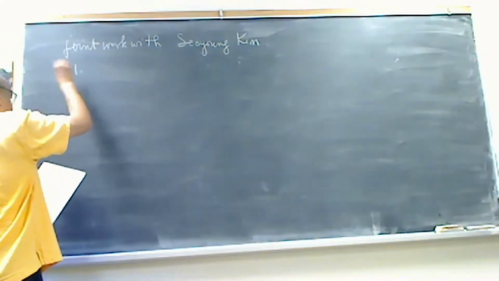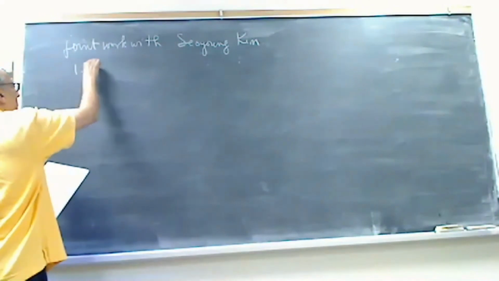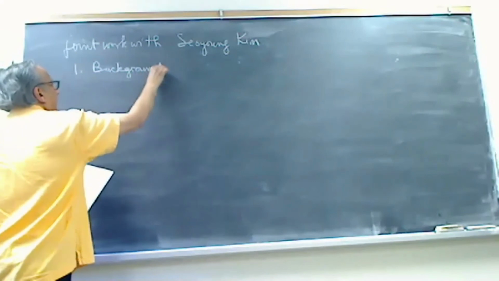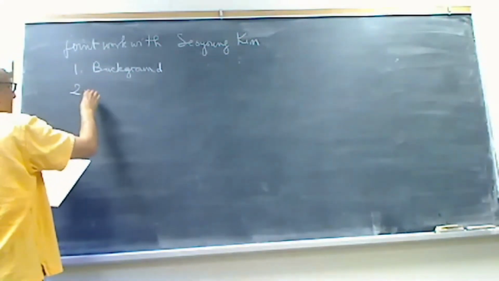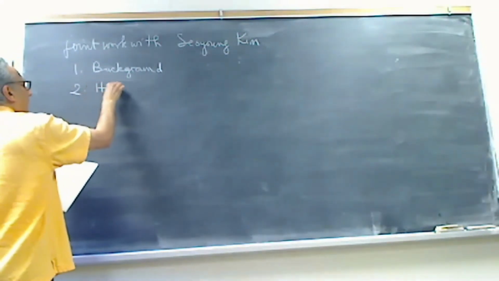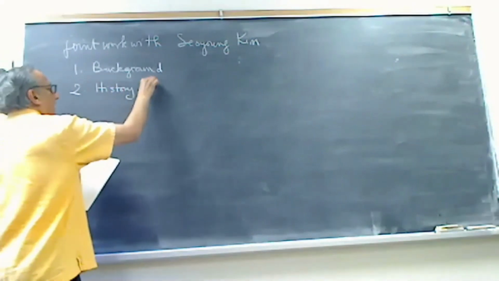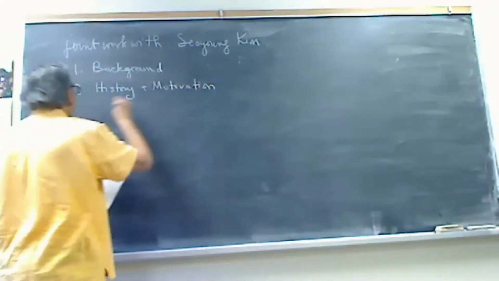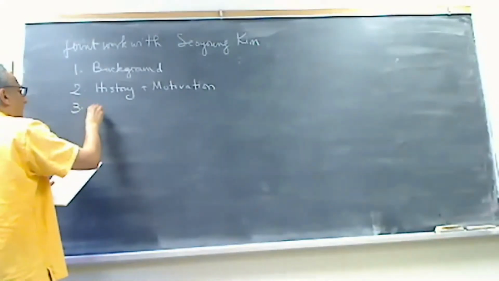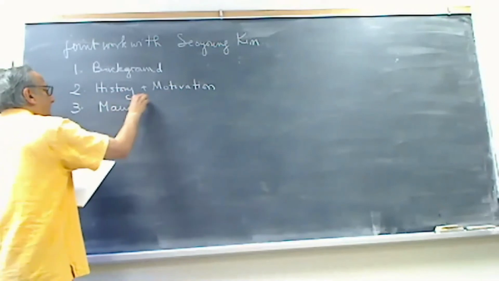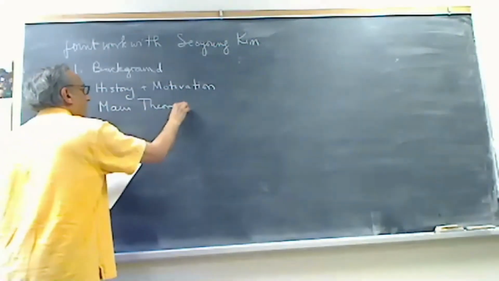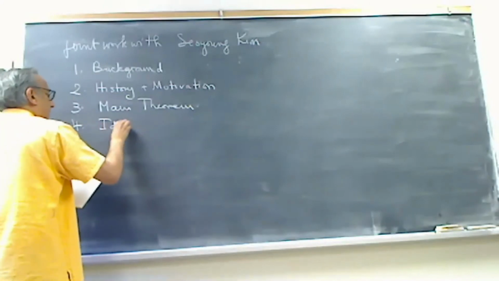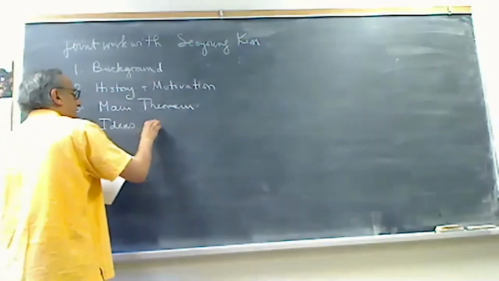Here is an outline for the talk. The talk will have 6 parts. First, background. Second, history and motivation. Third, our main theorem. Fourth, the idea in the proof.